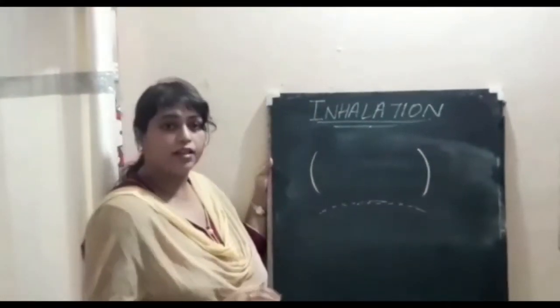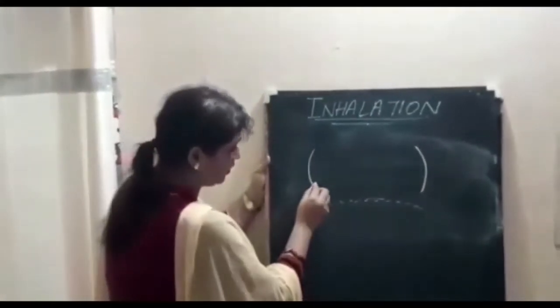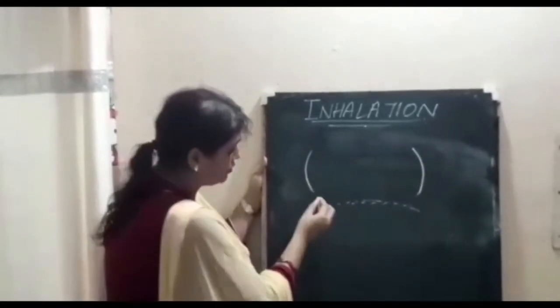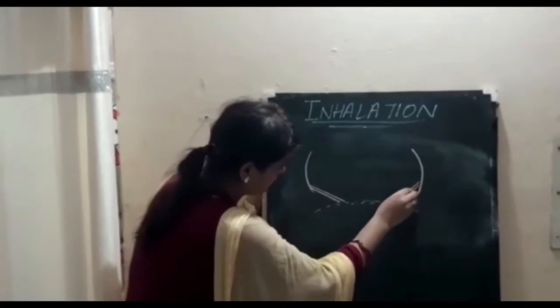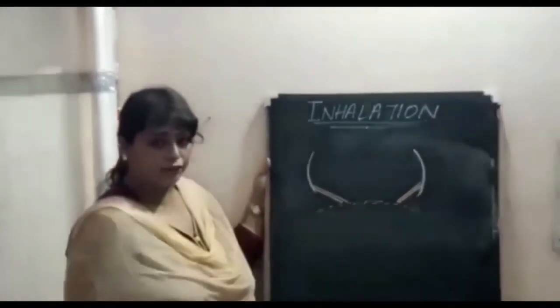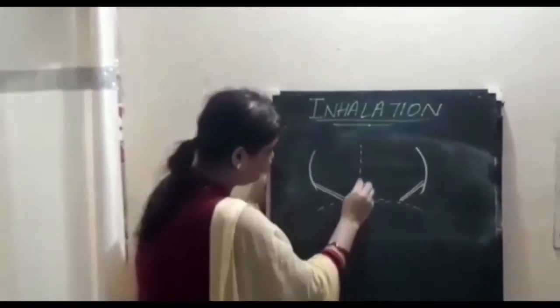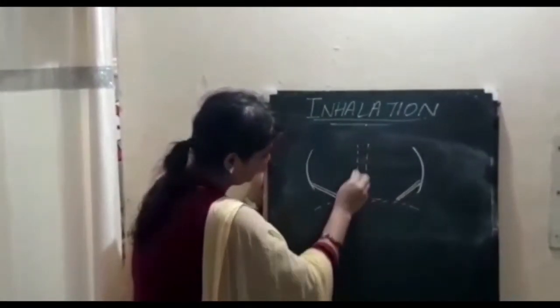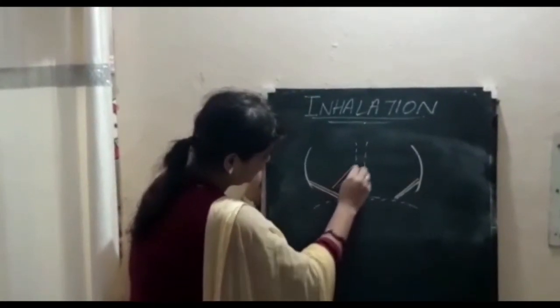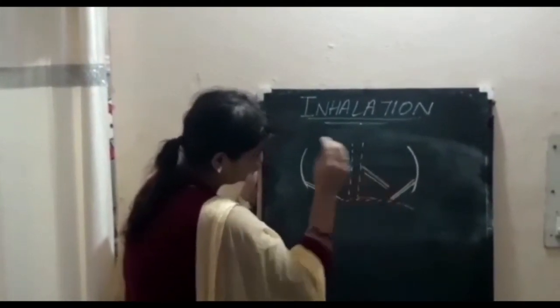The muscles that are attached to the diaphragm are the part going to the ribs, as you can see, and the muscles are attached to the diaphragm. Now here is the backbone, and the muscles and the ribs are going like this to the backbone.